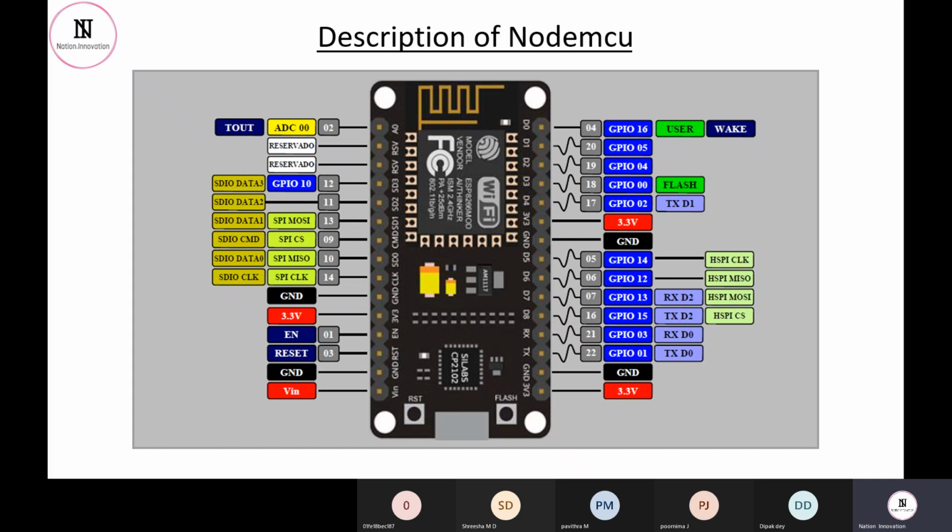Whenever we put a 5 volt supply to the 3.3 volt pin, it is going to burn out. Otherwise, whenever you are going to buy a Node MCU, you might come across two different types: the 12E and the 12.